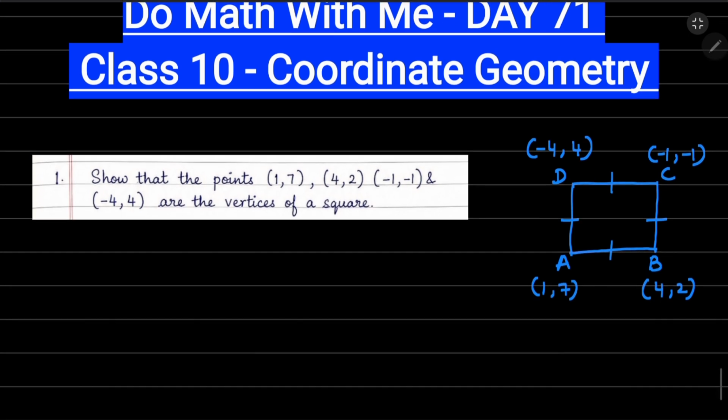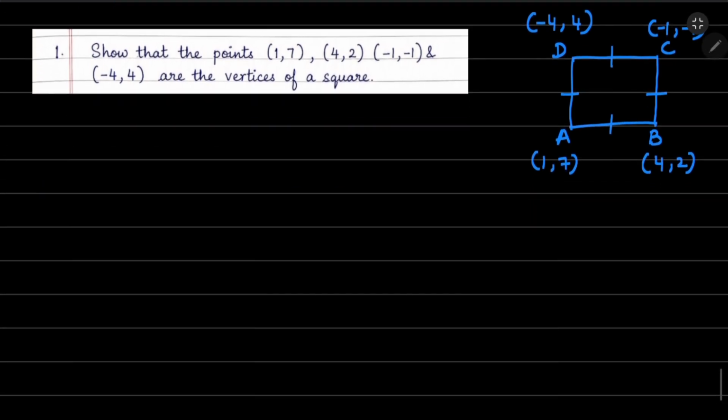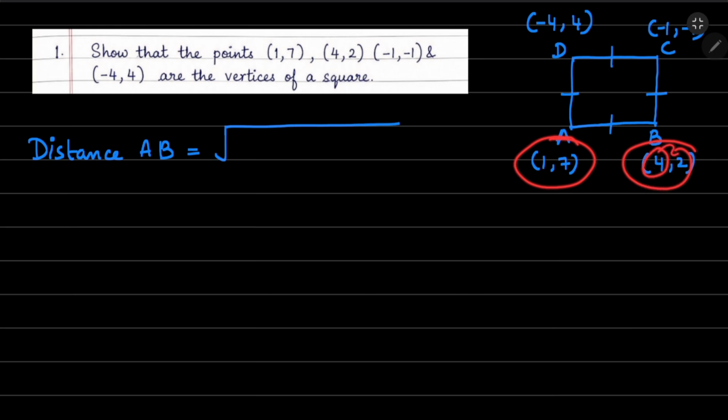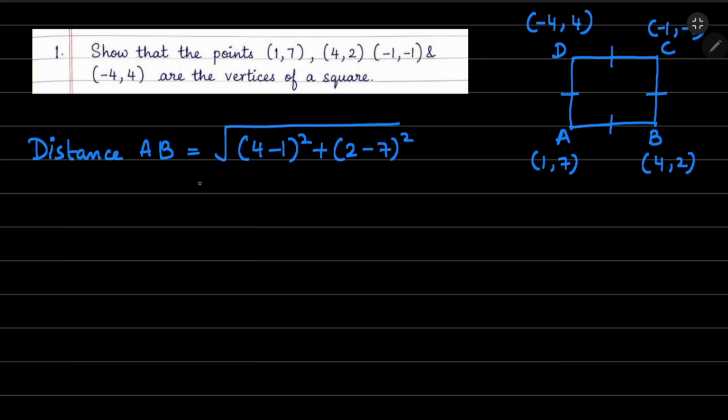Okay, now let us find the distance between A and B using the distance formula. So, the distance AB will be root of x2 minus x1 the whole square plus y2 minus y1 the whole square, that is 4 minus 1 the whole square plus 2 minus 7 the whole square.